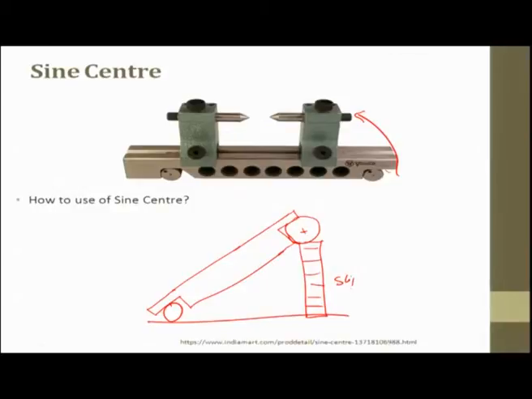Okay, these are nothing but slip gauges. Then what you do is you put a conical workpiece, between centers.